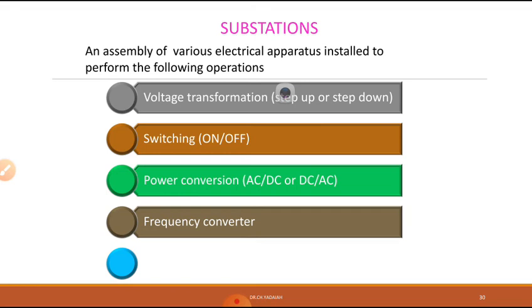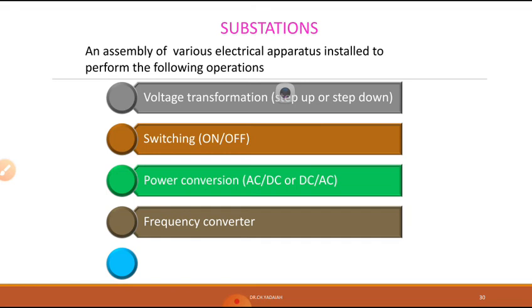A transformer transfers energy from one circuit to the other circuit at constant frequency. But how do we change the frequency? By using special methods. In some areas, instead of 50 Hz, we require 60 Hz, 70 Hz, or 25 Hz for special applications, in the case of heating furnaces.